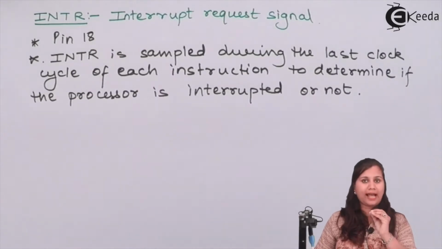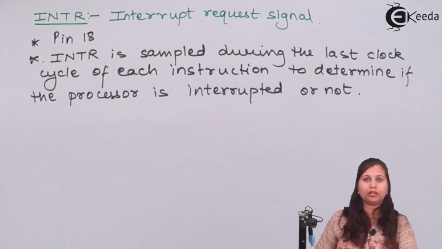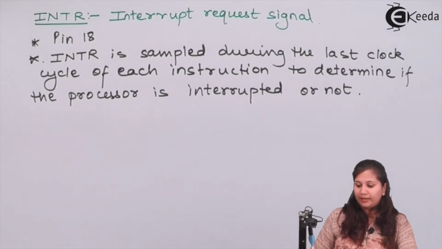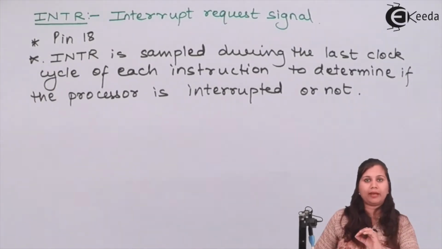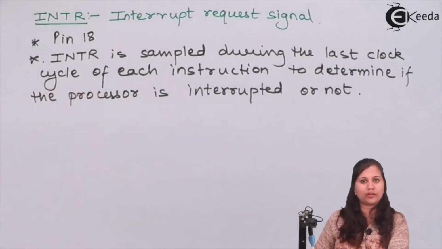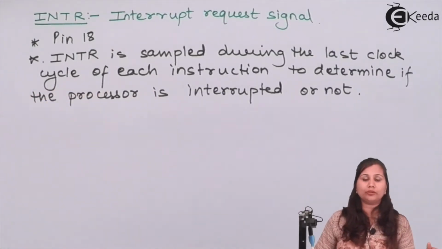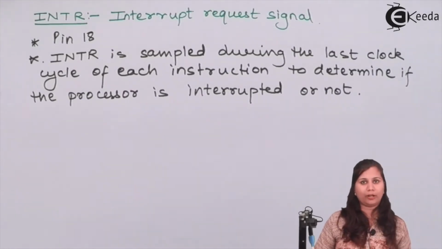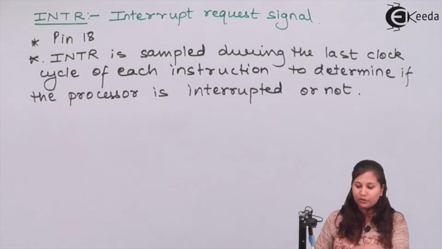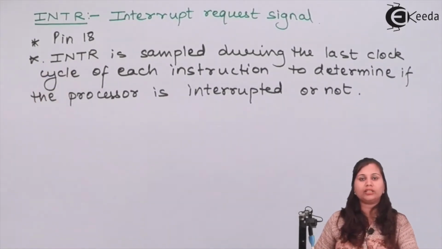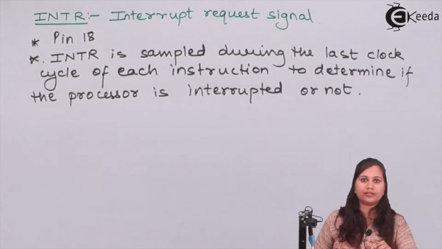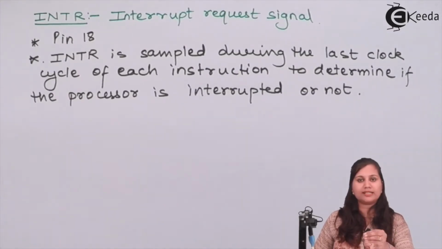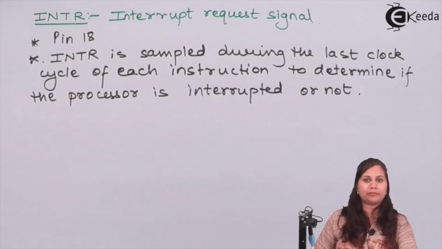If this signal is active, meaning it is given to the microprocessor, then the microprocessor is interrupted, and it has to finish the execution of that instruction and then jump to the location at which the service routine of that interrupt is written. So this signal is checked during the last clock cycle of each instruction, and when this signal is given, the microprocessor is interrupted at that point.